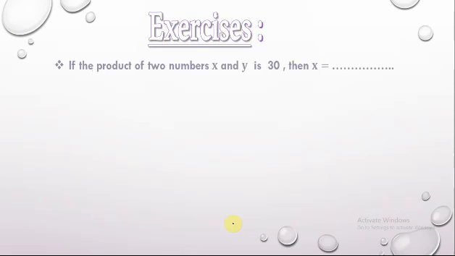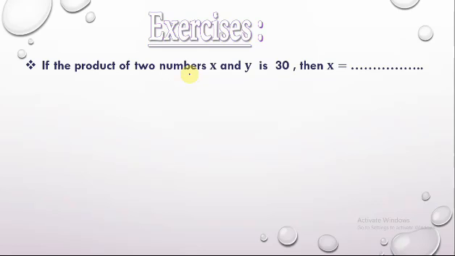Exercise. If the product of two numbers x and y is 30, then x equals what? Again, here we don't have the mathematical relation. We need to write it first. X, the product here means they are multiplied by each other, but we don't write the multiplication sign. xy equals 30.